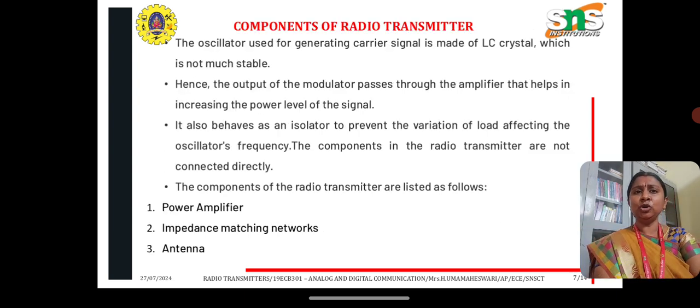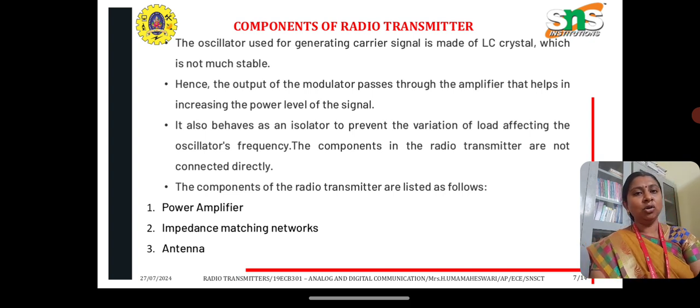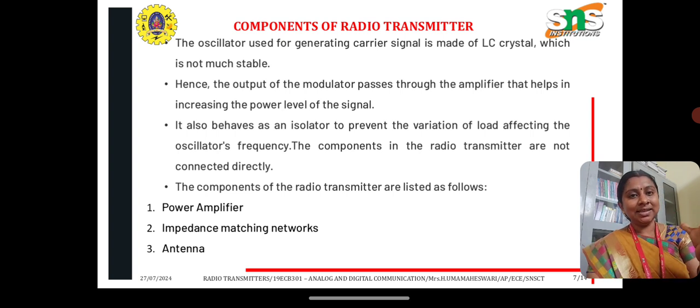The various components of a radio transmitter are a power amplifier, impedance matching networks and the antenna. In this transmitter, we are using an oscillator which is used for generating the carrier signal, which is made of LC crystal. Hence, the output of the modulator passes through the amplifier to increase the power level of the signal.